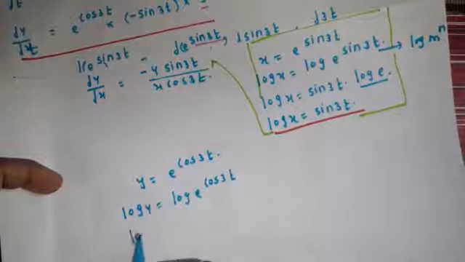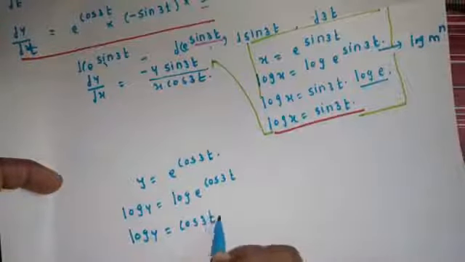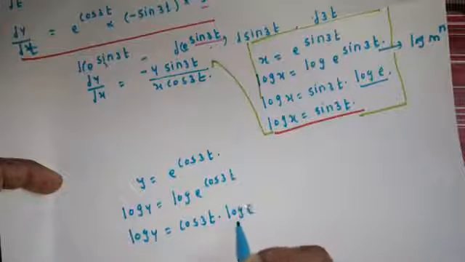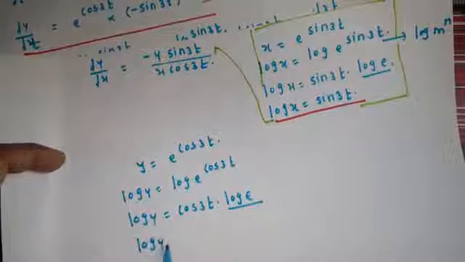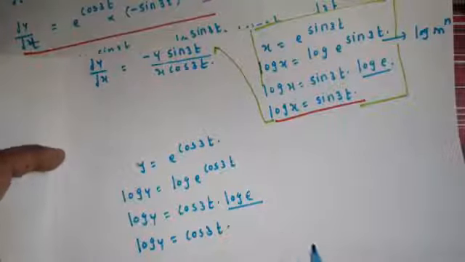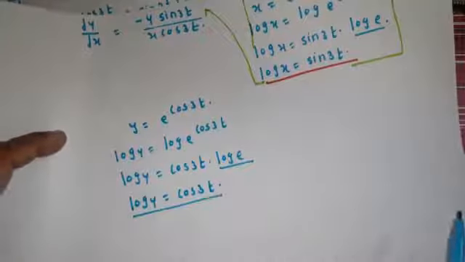And this is log of y equal to cos of 3t into log of e. Log of e is 1, and therefore log of y equal to cos of 3t.